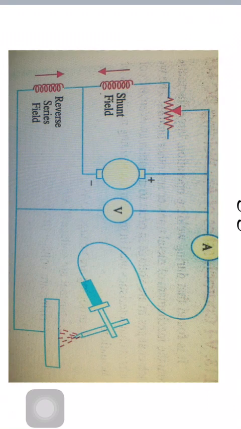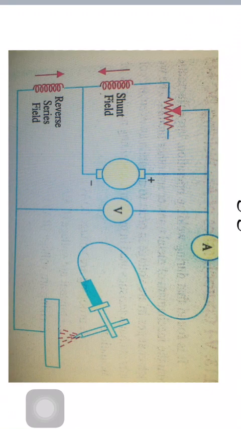After the arc has been established, current flows through the series winding and sets up a flux which opposes the flux produced by the shunt winding. So the series field winding also sets up flux, and the shunt field also sets up flux, but both are opposing.